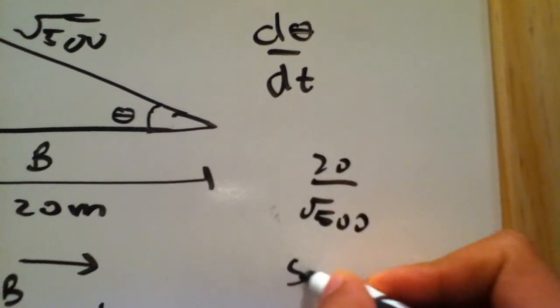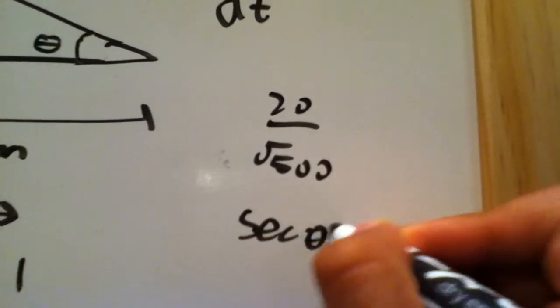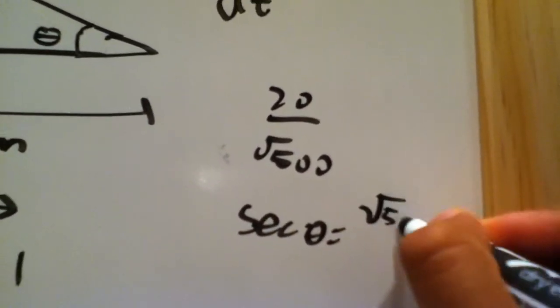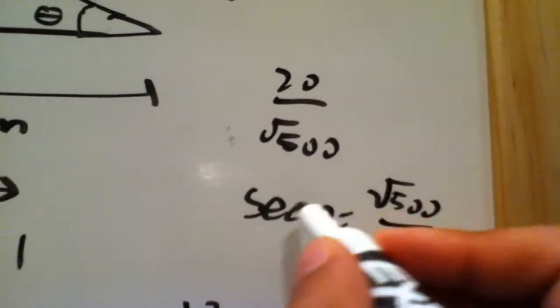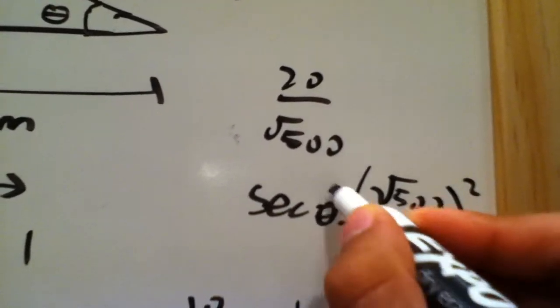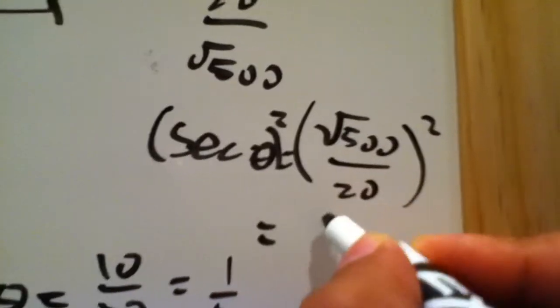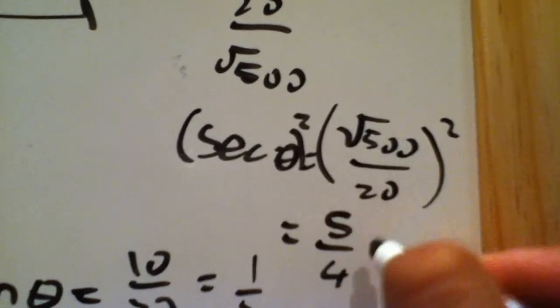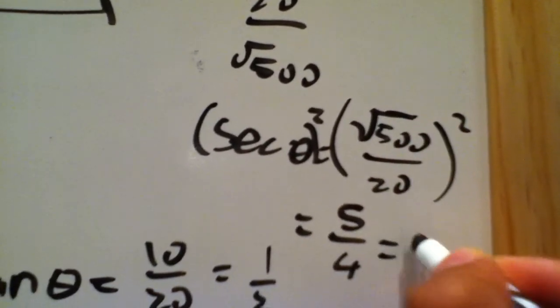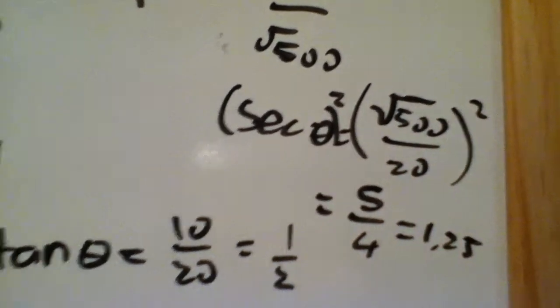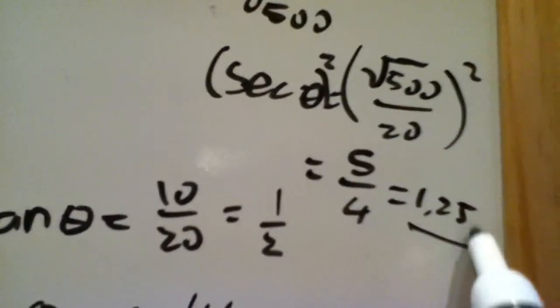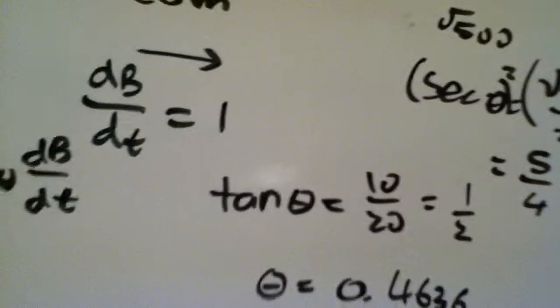So secant theta is the square root of 500 over 20, and squaring this gives you 500 over 400, which is 5 over 4, or 1.25. So we've now found secant squared theta for this problem: 1.25.